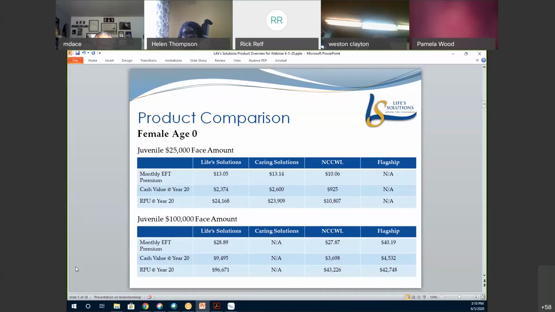You're going to find as you look through these 3 slides for these comparisons, premium-wise, it's somewhere first or second place among these 4 products. Cash value, it's first or second place. But I think every situation, the RPU value, it's first. And then when you couple that with the riders that we're going to talk about later, I mean, it's an unbeatable combination. So let's go ahead and we can just push through the next 2 slides.